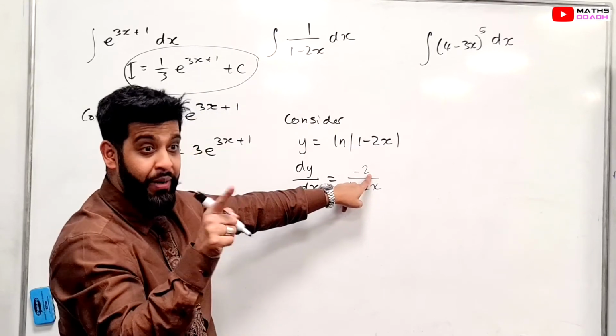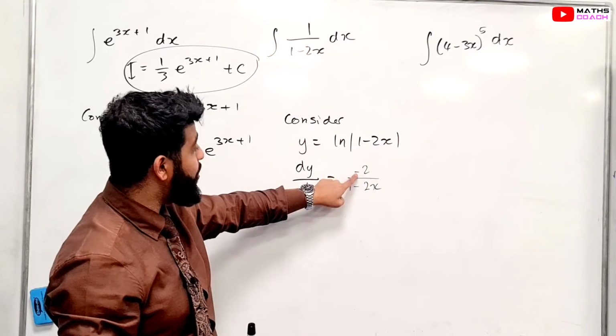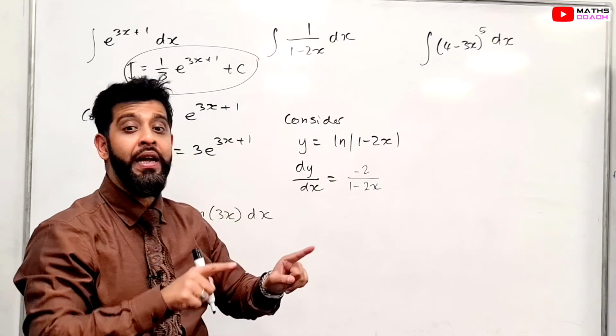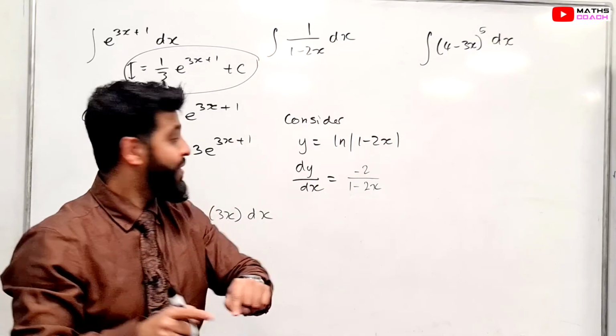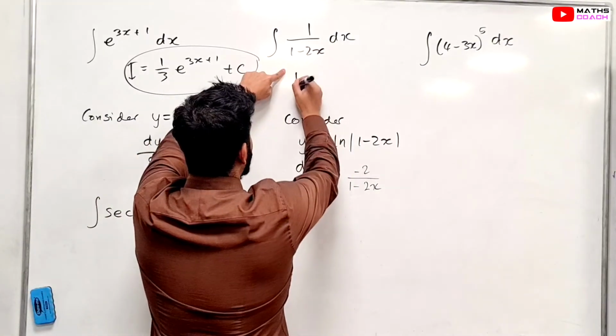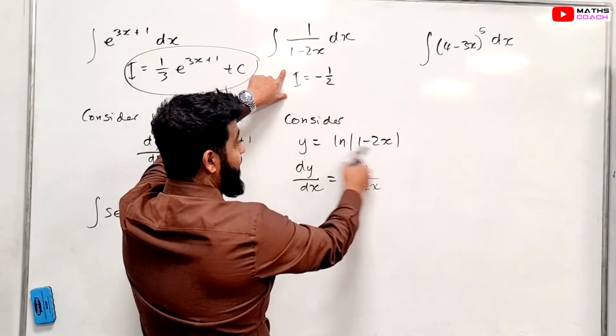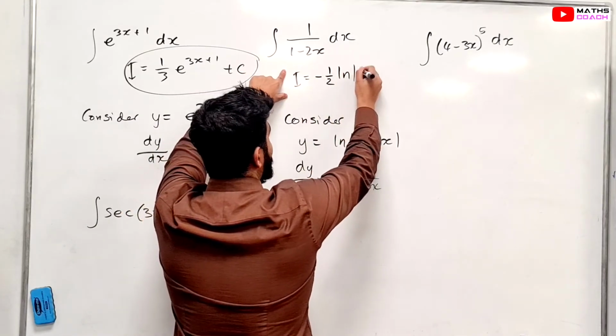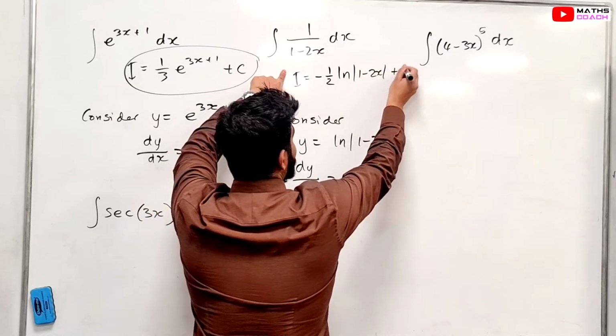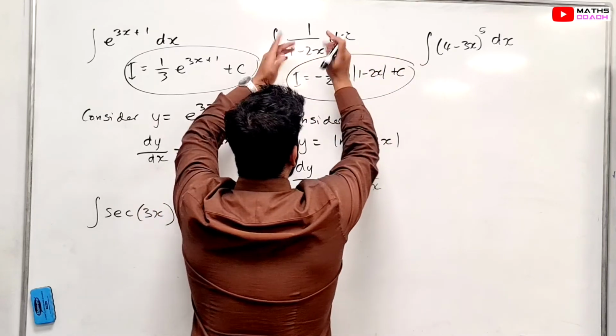So we're going to divide by 2. And we don't want a negative there. So we're going to divide by minus 2. So therefore, what's the integration of that? It's going to be minus 1 over 2 and that, ln 1 minus 2x plus c. And that's the integration of that.